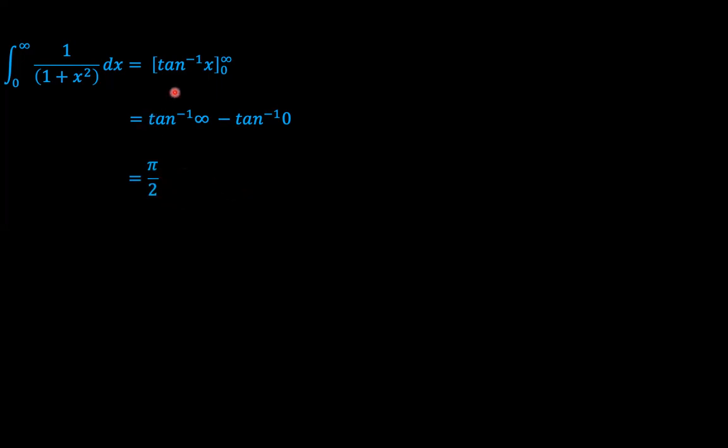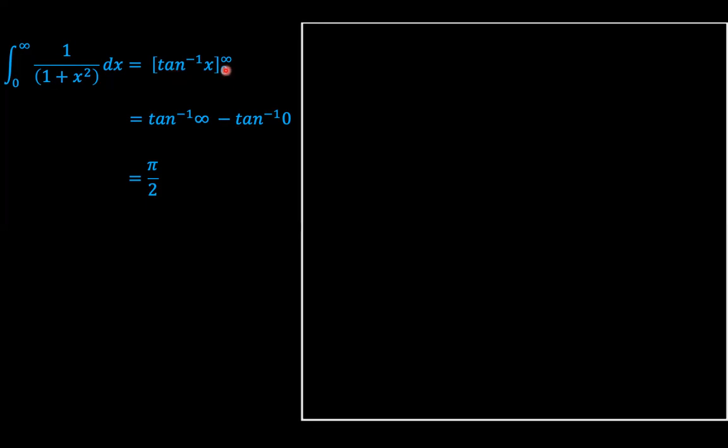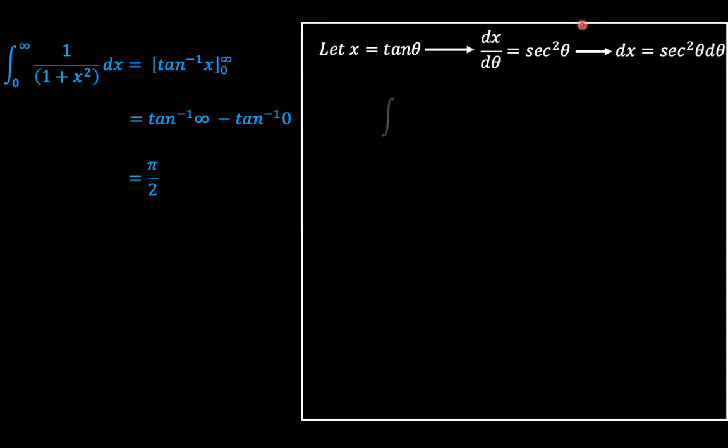Now, for those of you who don't know how we arrive at this, I have a simple derivation here. If we let x be tangent theta, that means that dx d theta is secant squared theta, and so dx is the same as sec squared theta d theta.